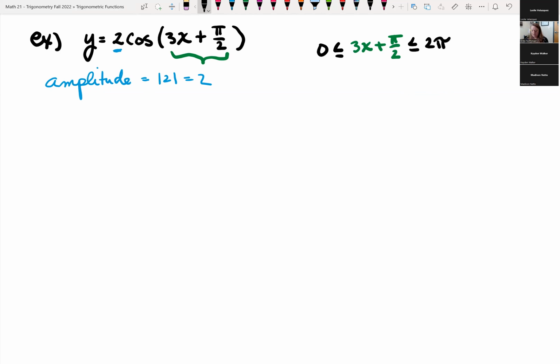So just like we had done before, we want to isolate that variable in between those inequalities. And so we want to get x by itself there. And so first thing that we would have to do is get rid of that plus pi halves in between those inequalities. And we can do that by subtracting pi halves from each side.